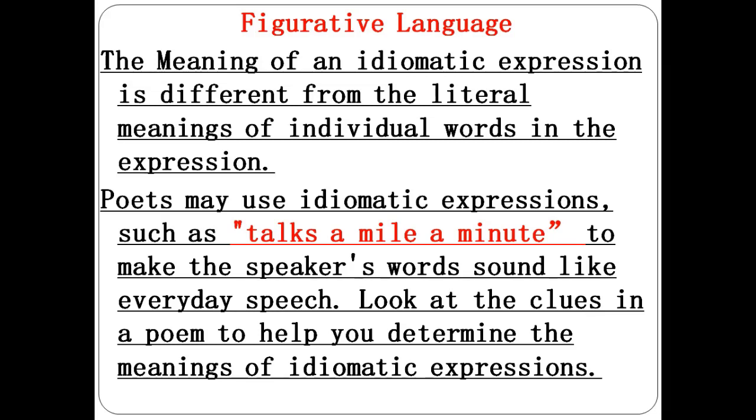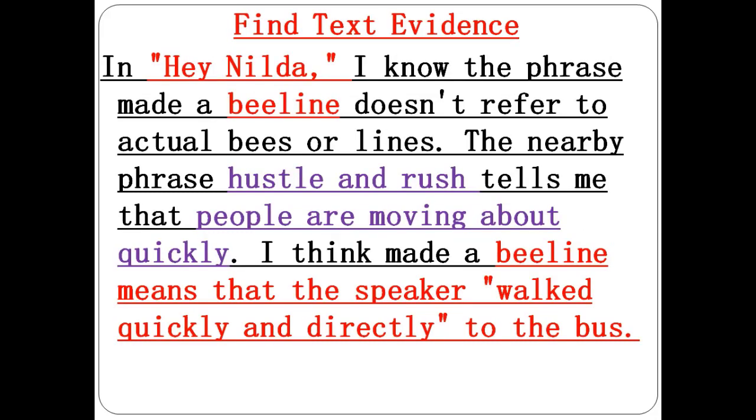To make the speaker's words sound like everyday speech, look at the clues in a poem to help you determine the meanings of idiomatic expressions. Find text evidence. Now we would talk about these idiomatic expressions and give the meaning.